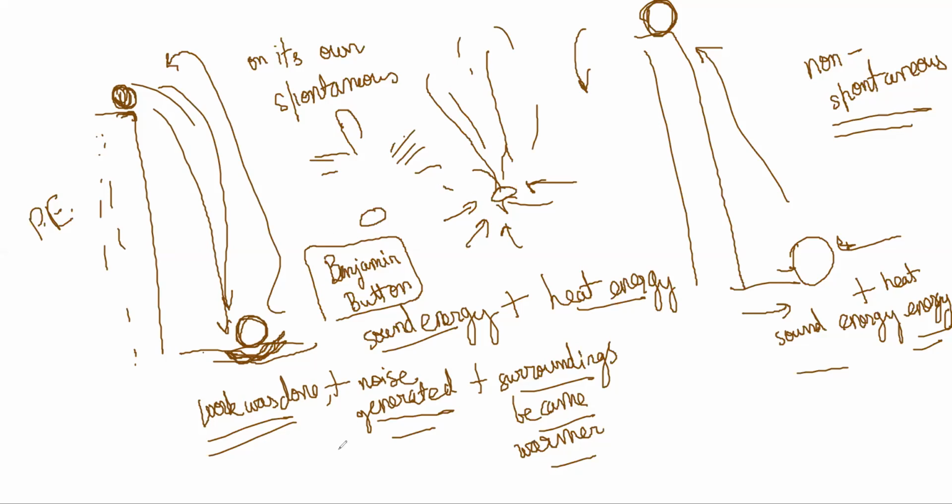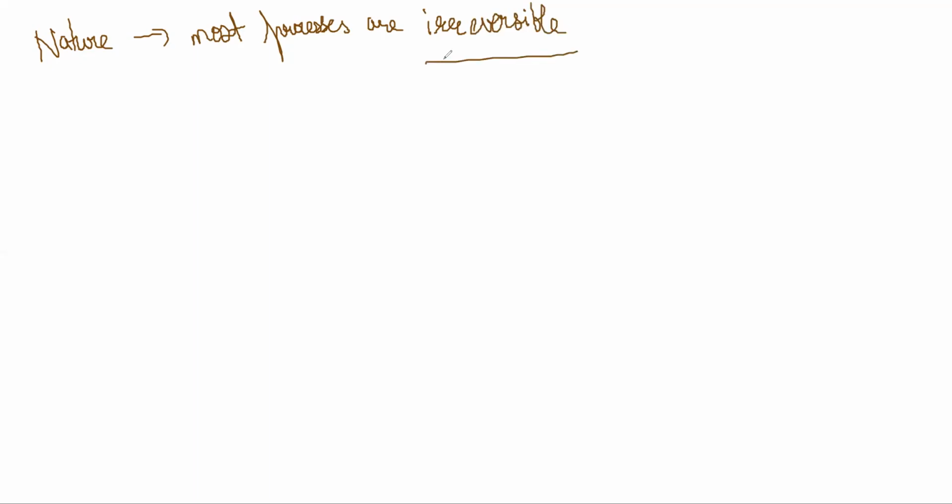So basically, the point is that in nature, most processes are irreversible, right? It's not like there are two directions to it. It only goes in one direction.